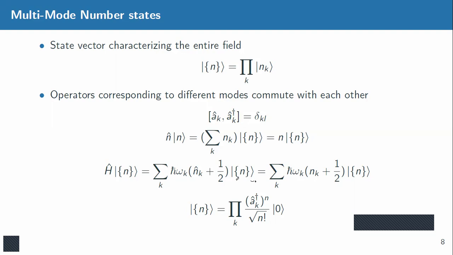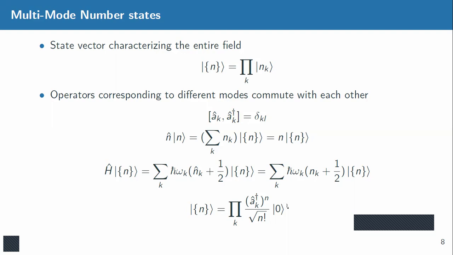We could also define the given field in terms of the vacuum by applying a similar process that we defined earlier in the single mode case, and we could generalize it to the multi-mode case. So we could write the number state of the entire field in terms of the vacuum state.